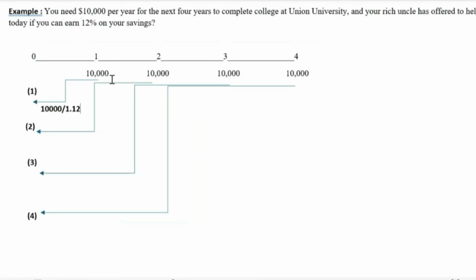If uncle gave you 8928.57, and you put this in a 1 year CD, it will grow to $10,000 after a year. This is just the present value of $10,000 in year 1. What about the second one? The second one is the present value of $10,000 in year 2. So you discount it, this time squared.